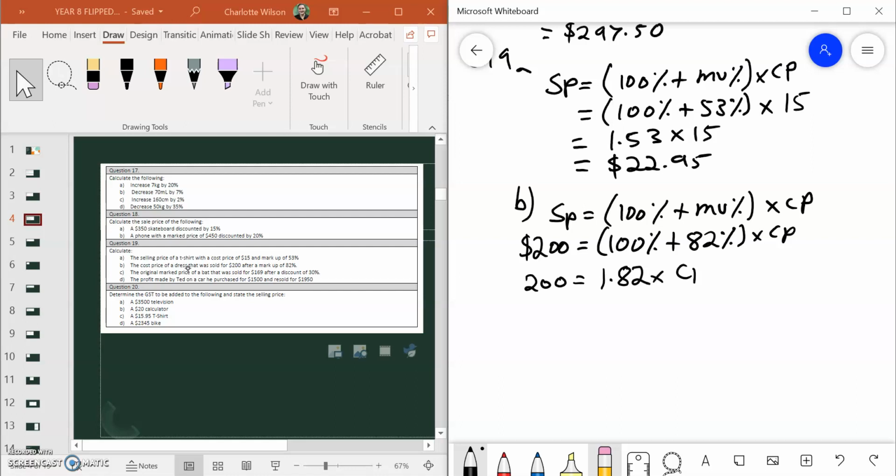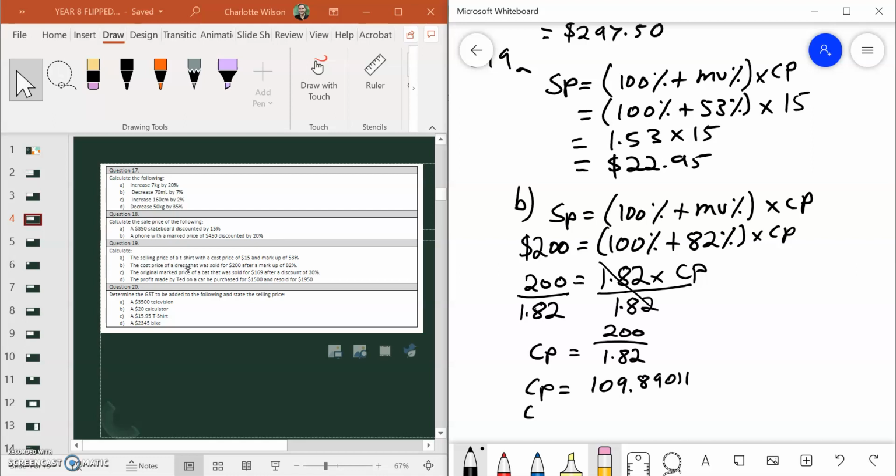And that's being multiplied by our cost price. Now to rearrange this so that we can isolate cost price, you need to divide by 1.82 because it's currently a multiplication. So to cancel it out on the right-hand side, we need to divide. So our cost price is going to equal 200 divided by 1.82. And that will get us a value of 109.89011. So our cost price is approximately $109.89.